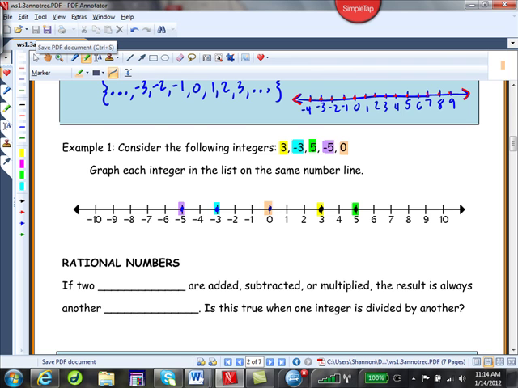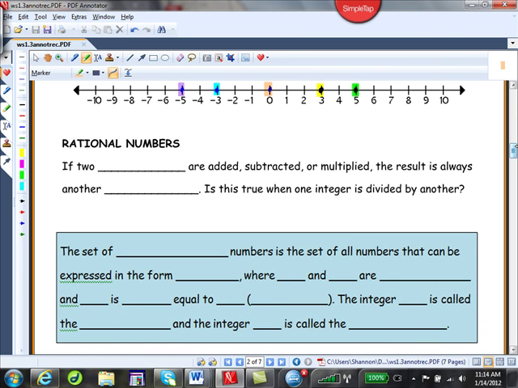All right, so let's go down here. The rational numbers. Now, what I want you to notice here is, check this out right here. What does that spell? It spells ratio. And ratio can be written as a fraction. So rational numbers, really, the easiest way to think about them are numbers that can be written as a fraction, right?